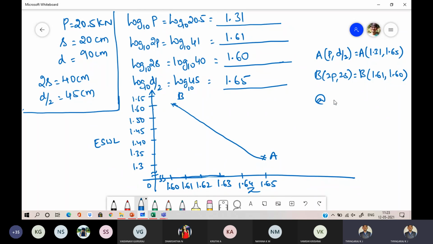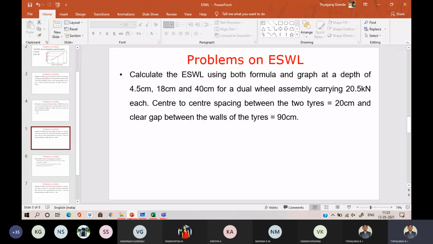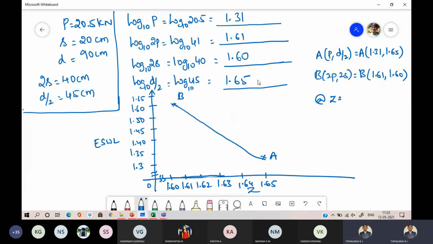So what is Z equal to? What is Z? 4.5, 18 and 40. At Z is equal to log 10, 4.5, 0.65, sir. 0.45, 0.65.